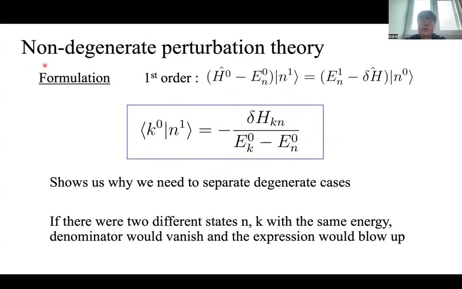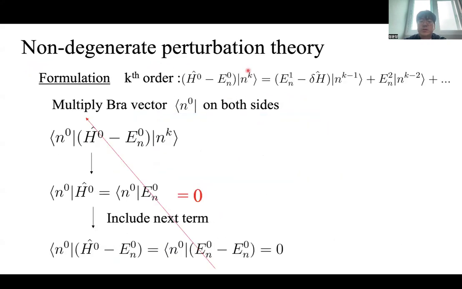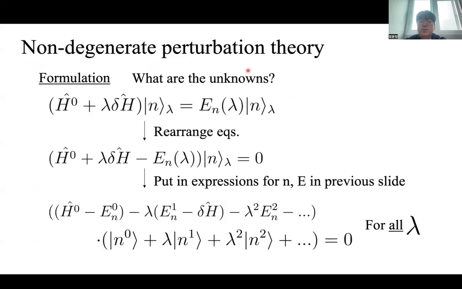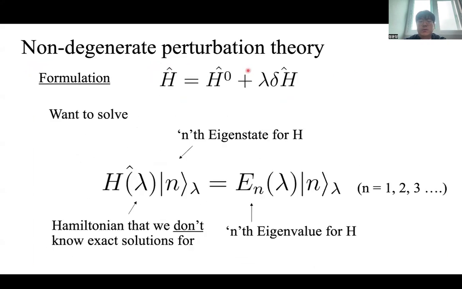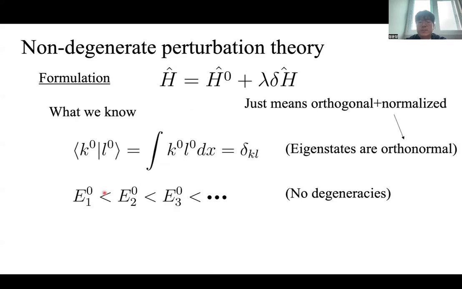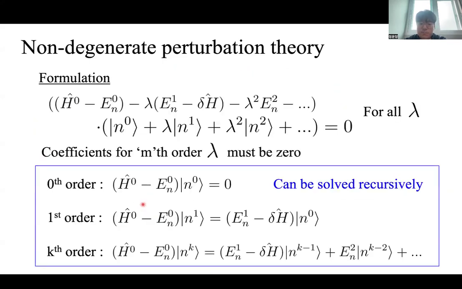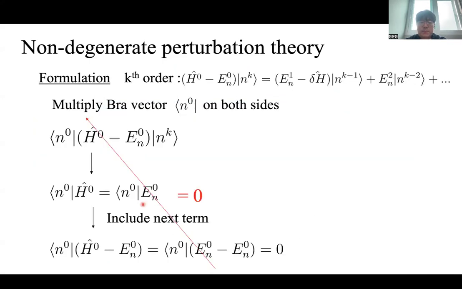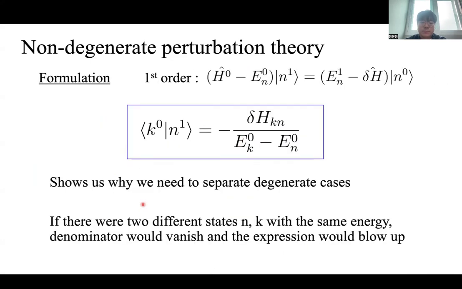But remember, for non-degenerate perturbation theory, we already assumed that there will never be cases like that. We already assumed that this condition is met. In other words, En can never be equal to Ek. So we are safe to use this equation here. Okay?